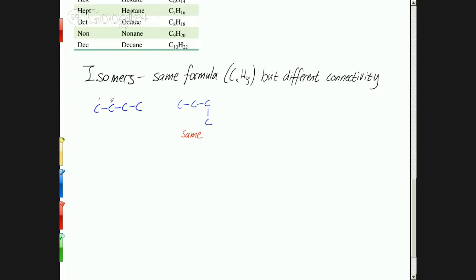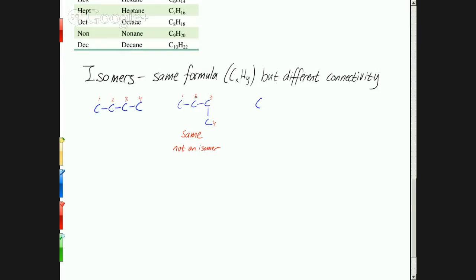So in this case, we could order from left to right 1, 2, 3, 4 carbons together in a chain. We still have that same ordering here. 1, 2, 3, 4. So this is not an isomer.